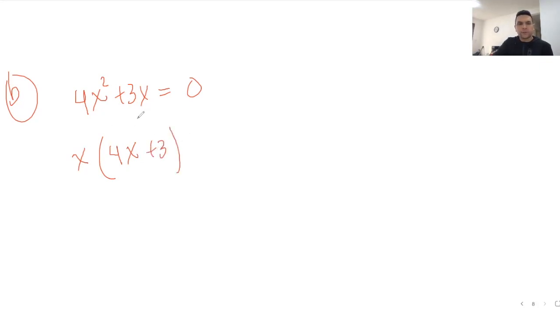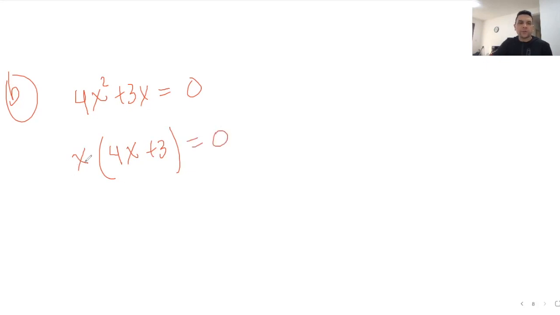B: 4x squared plus 3x equals 0. So I can factorize an x, right? x times 4x, and then this, we needed 3, right? Plus 3. x times 3 is 3x, equals 0.